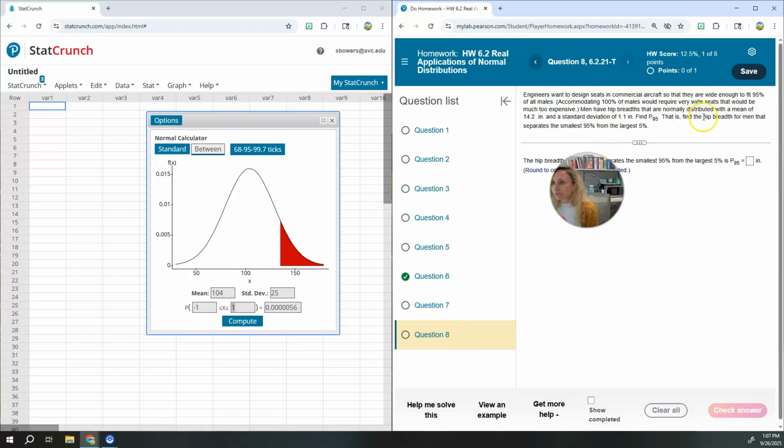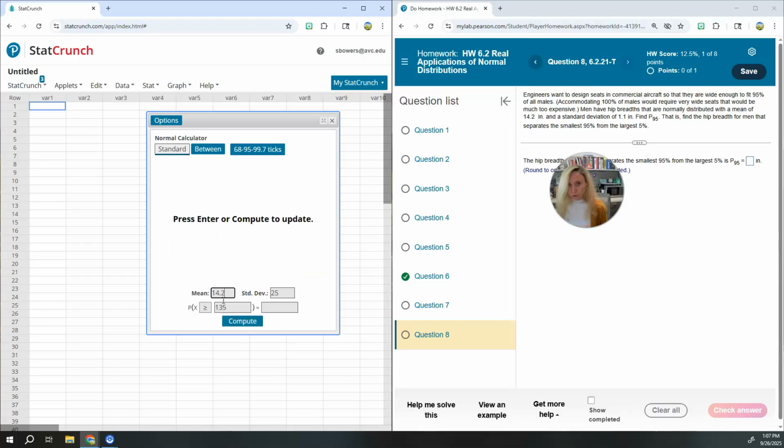Now let's see. We have the mean of 14.2 inches. It's not in the middle. We're just looking for a specific score. So we go to standard, change the mean to 14.2, standard deviation 1.1 inch, and we need to find the 95th percentile.